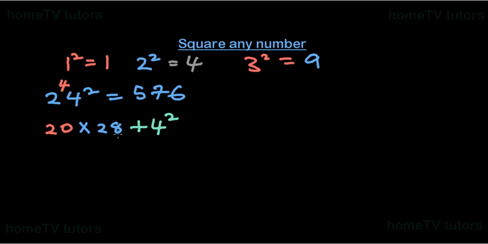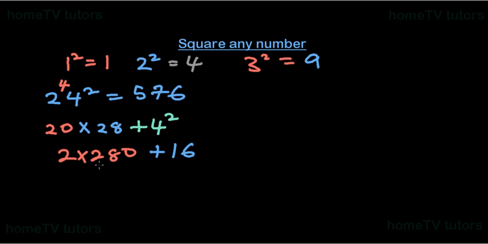Alright, so now we have 20 times 28. If we move the 0 to 28, we have 2 times 280. That is pure multiplication. Plus 4 times 4, the square of 4, is 16.